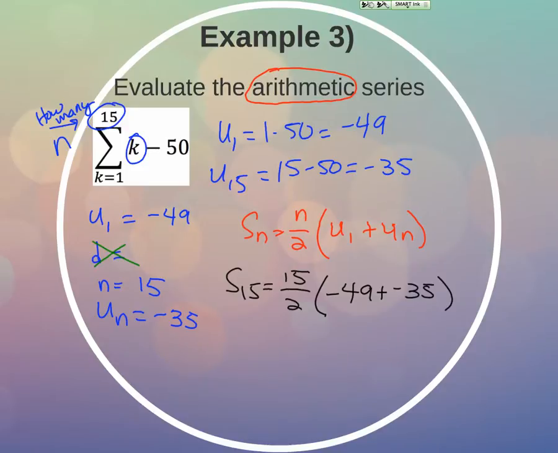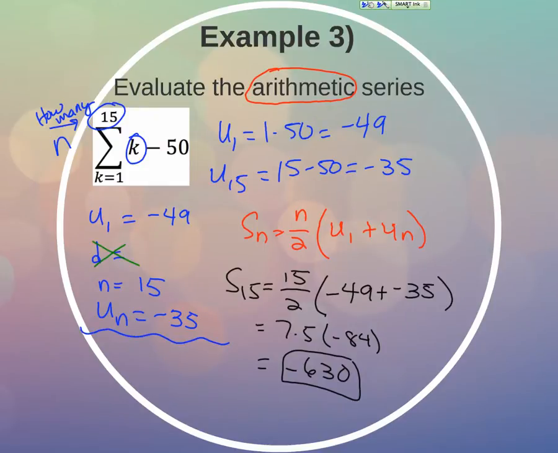Let me finish this up and then I'll quickly go over that, okay? So 15 divided by 2 is 7.5, negative 49 plus negative 35 is negative 84. And when I multiply those, I get negative 630. So if I wanted to add those first 15 terms, I would end up with negative 630.